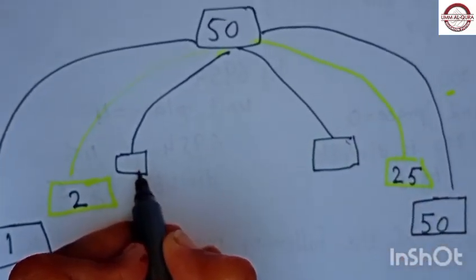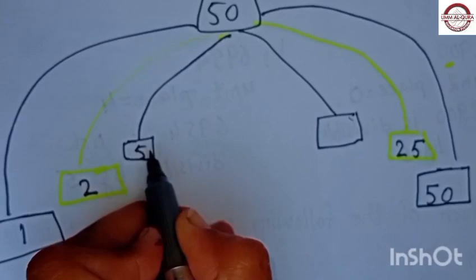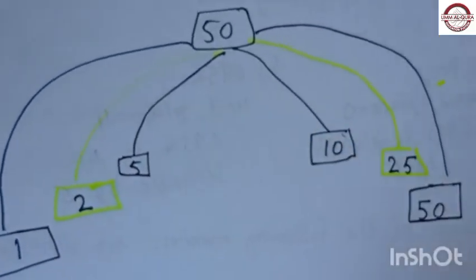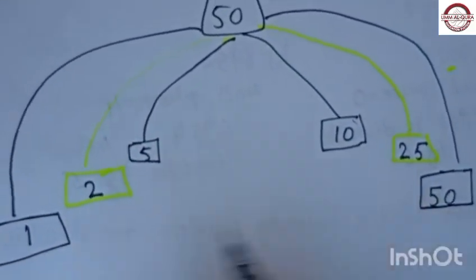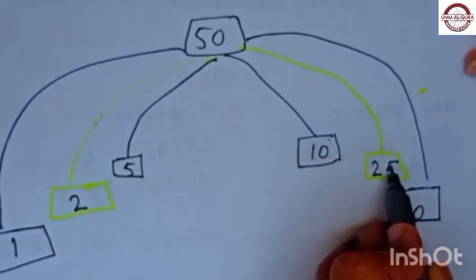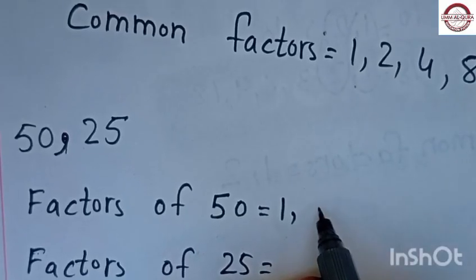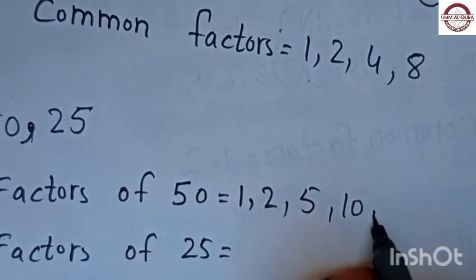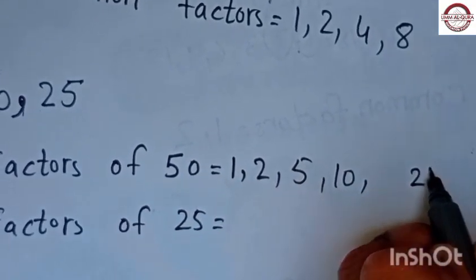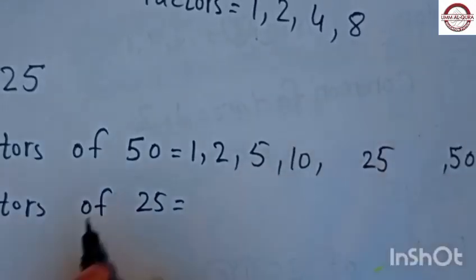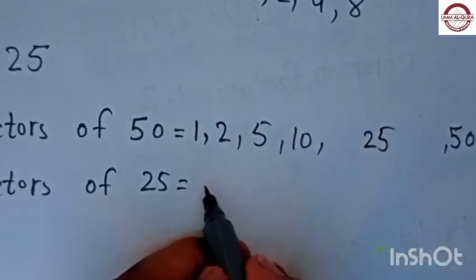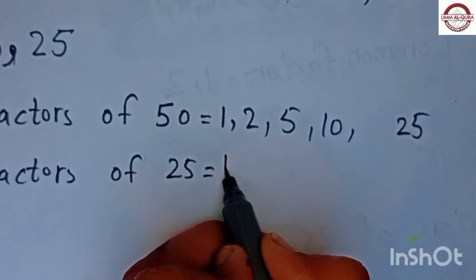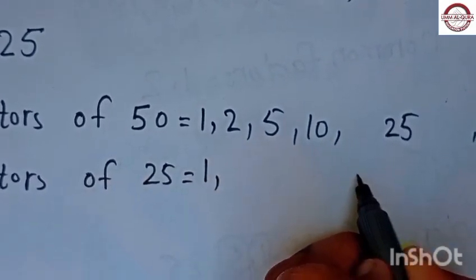Then, 5 10s are 50. These are the factors of 50: 1, 2, 5, 10, 25, and 50.